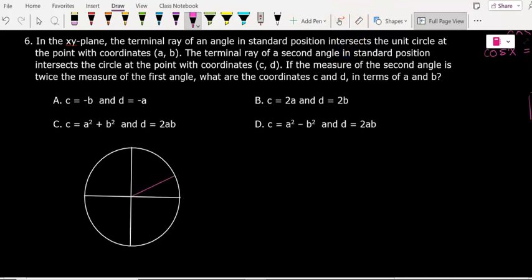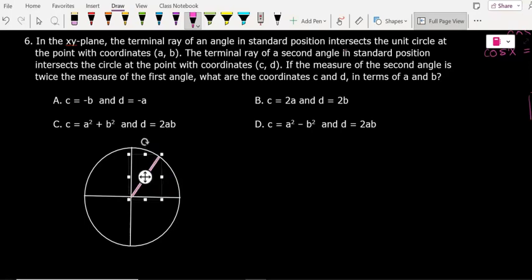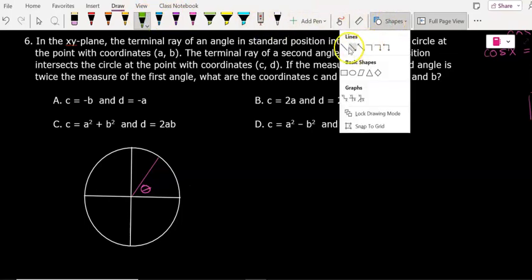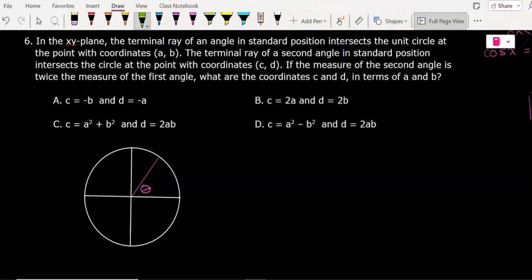So let's do this. I've got this angle right here, and let's call this my first angle, and we'll call this angle theta, okay? And then I'm going to do my second angle. My second angle needs to be twice that, so it'd be about right here, okay?